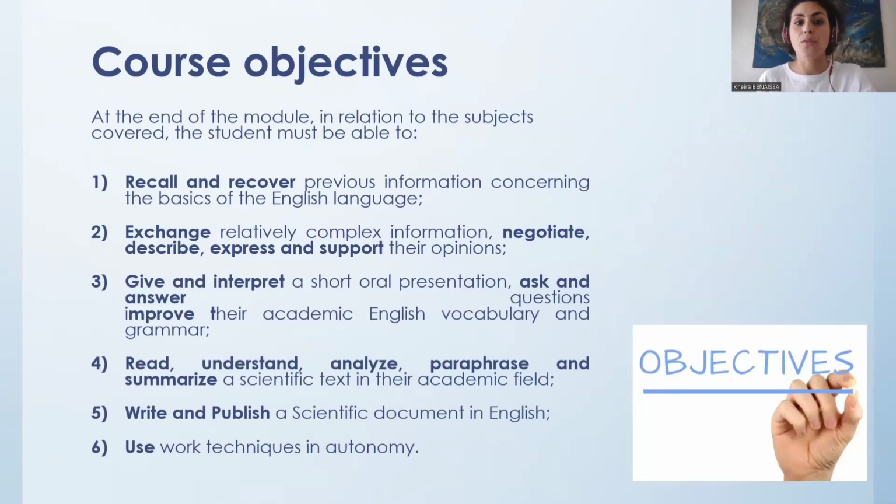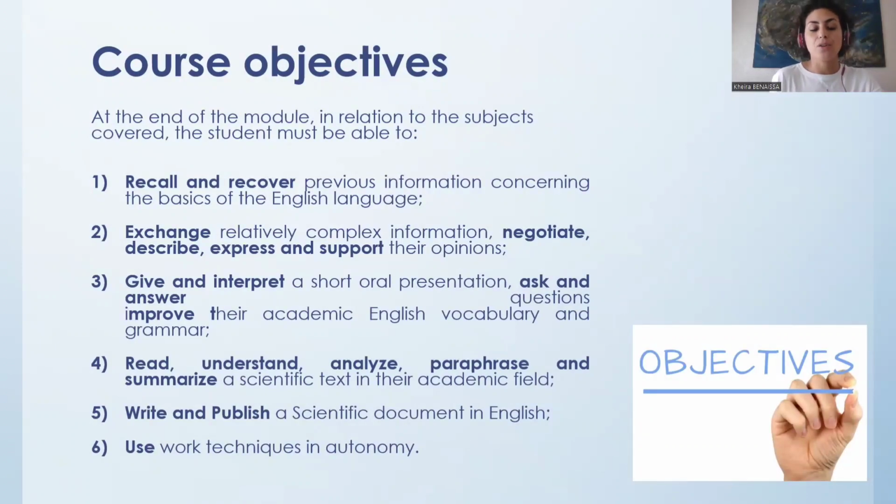The objectives of our class are, first of all, to recall and recover previous information concerning the basics of the English language. Two, exchange relatively complex information, negotiate, describe, express, and support their opinions. Three, give and interpret a short oral presentation, ask and answer questions to improve their academic English vocabulary and grammar.